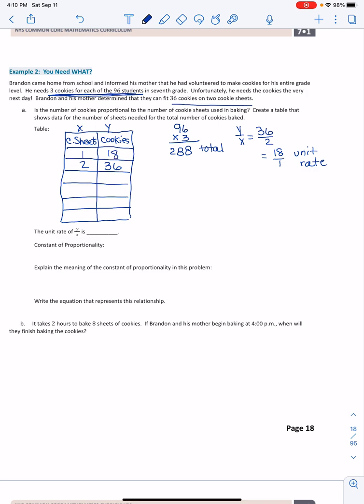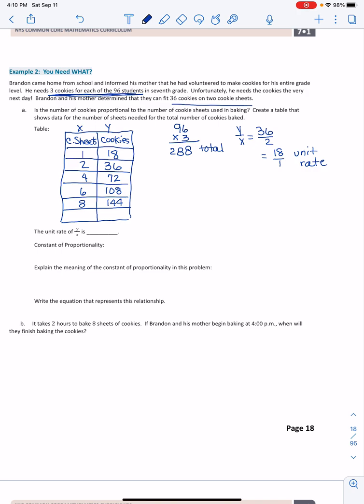So for 4 cookie sheets, I can make 72 cookies. For 6 cookie sheets, I can make 108 cookies. For 8 cookie sheets, I can make 144 cookies.